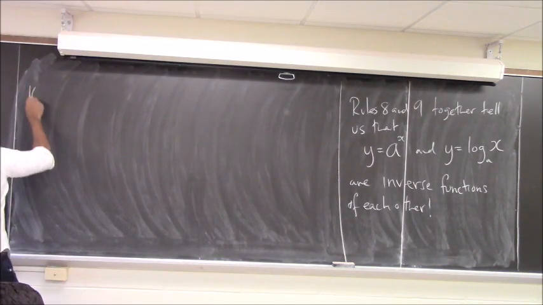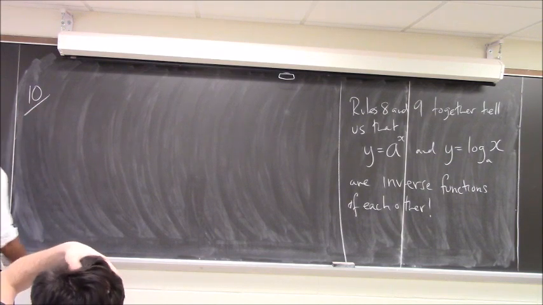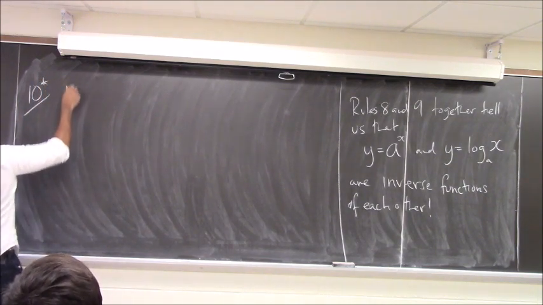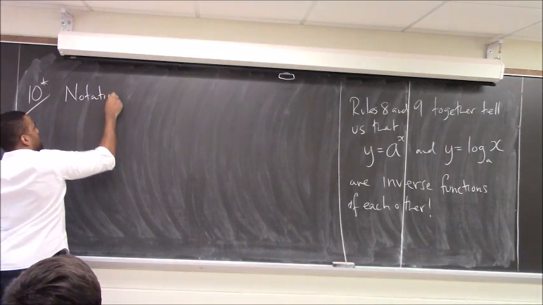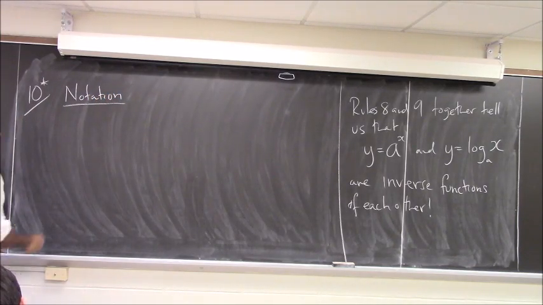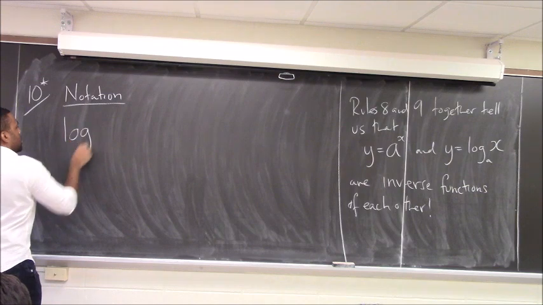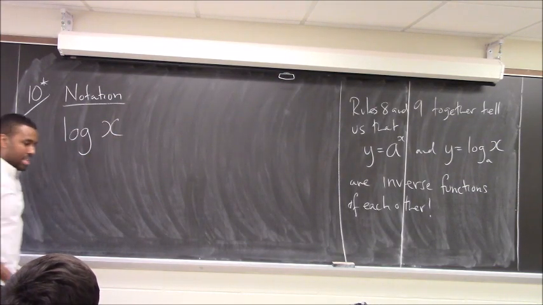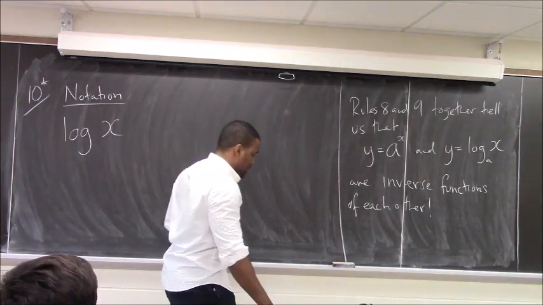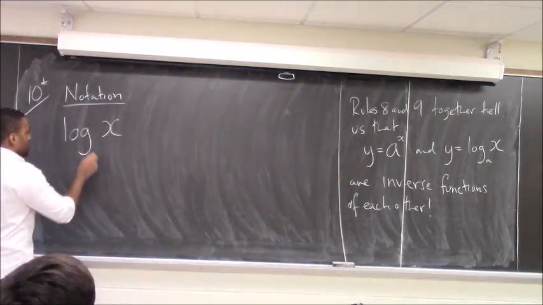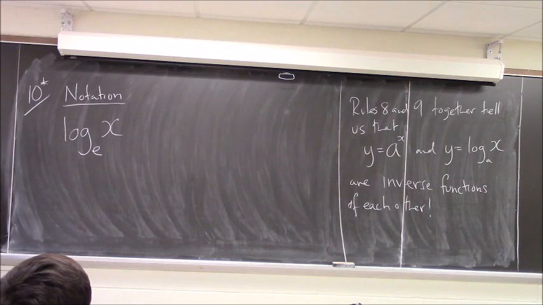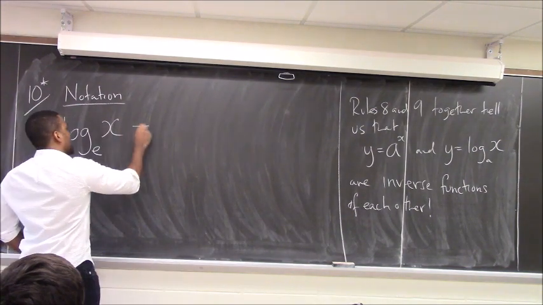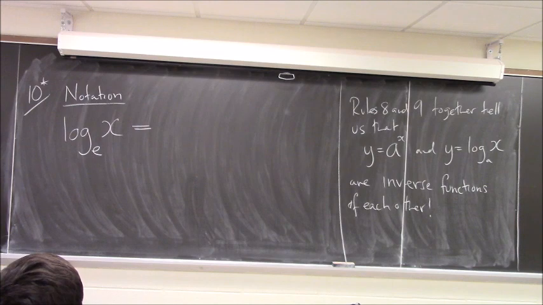Let me just mention here rule 10, which is not really a rule, it's more of a notation thing that I want you to be very aware of. So I mentioned that base e, the natural exponential, is going to be a very convenient function for us to use. So you might wonder, what if I put e as the base? It turns out that in Calculus 1, pretty much all the way up to all the classes before advanced calculus, we have a special notation for that logarithm. Do you know what that is?